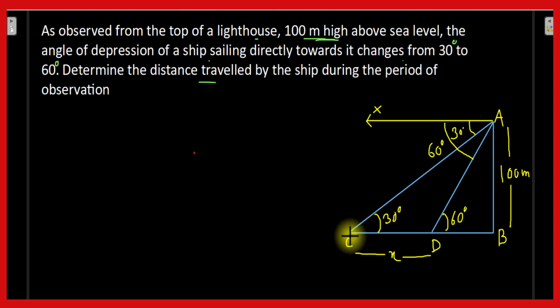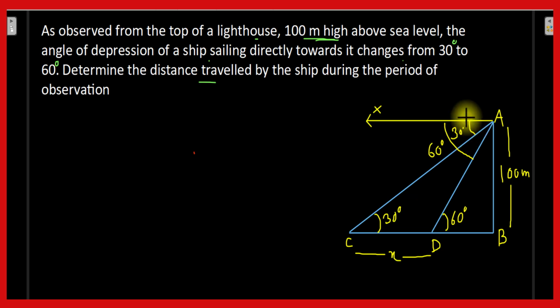Let the ship be C, and the ship is sailing towards the lighthouse, and the angle of depression of ship C from the top of the lighthouse is 30 degrees. When the ship travels some distance towards the lighthouse AB and approaches point D, at that time the angle of depression changes to 60 degrees.